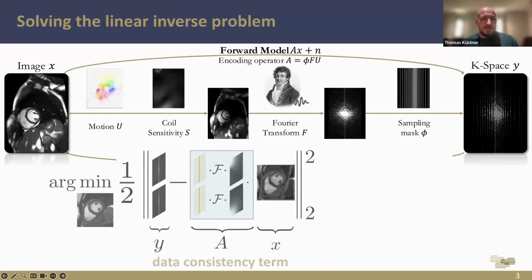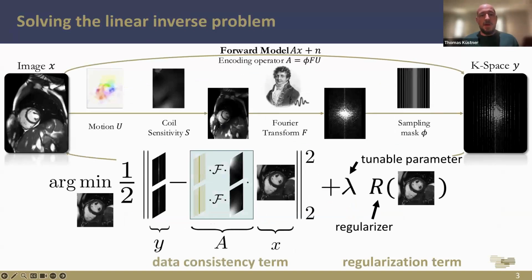So for solving this linear inverse problem, we usually have two parts that we need to consider. One is the data consistency term, and the other one is a regularizer term, often with a tunable parameter. This can also be multiple regularizer terms. In the following of the talk, I will only focus on deep learning-based solutions that are trying to learn this regularizer.